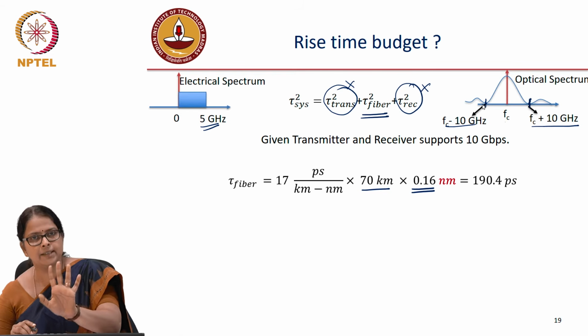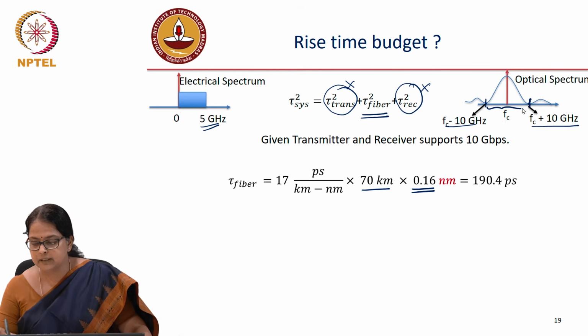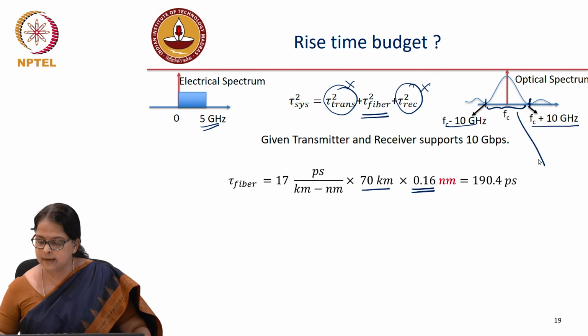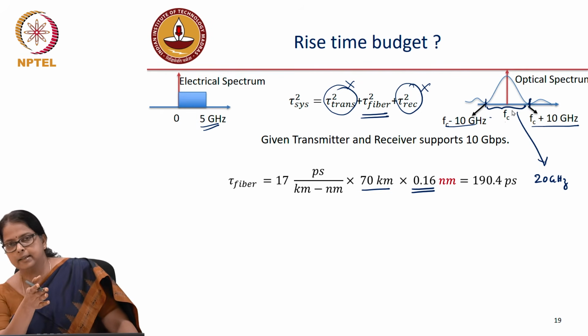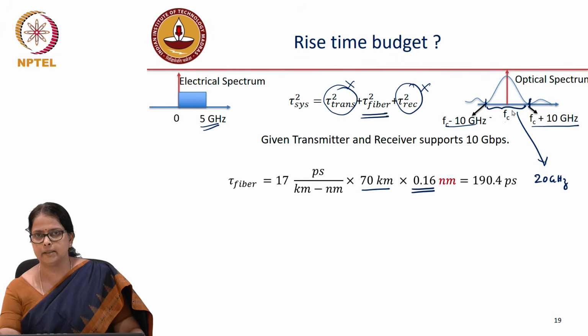So the dispersion seen by the fiber is because of this spread, and this spread is 20 gigahertz. The span is 20 gigahertz because your signal has content from Fc minus 10 to Fc plus 10.